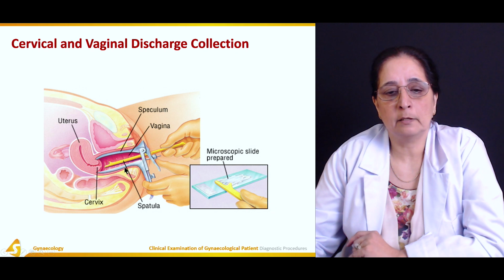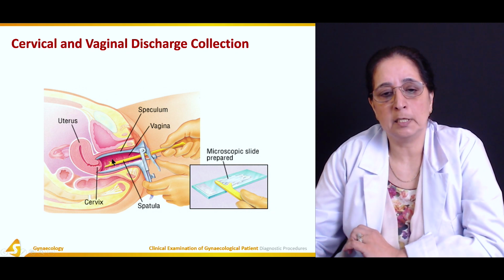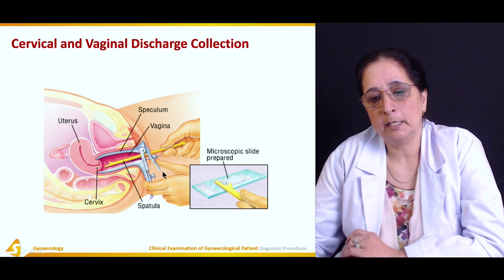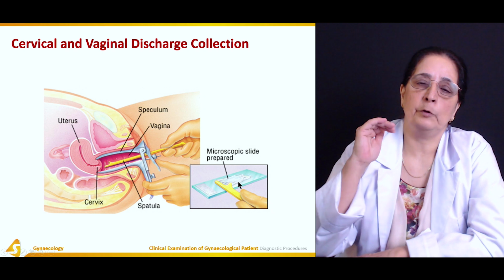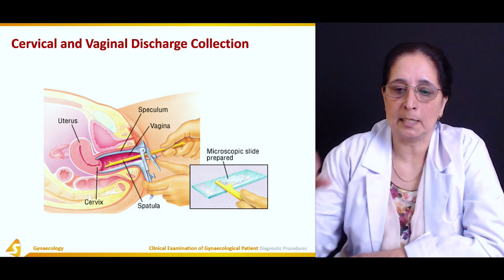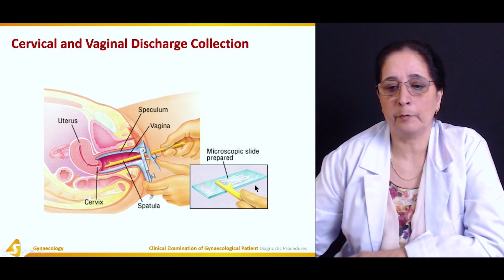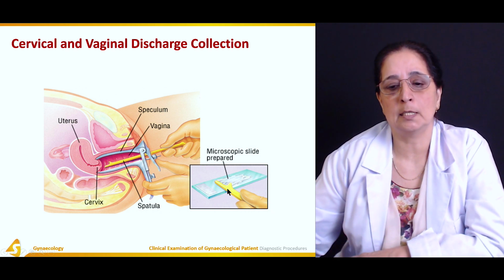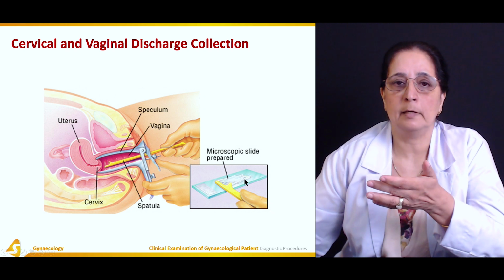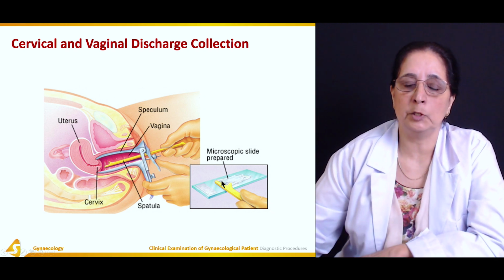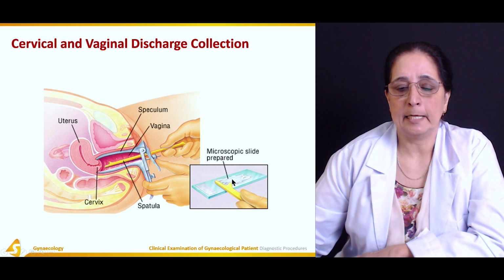When the cervical scraping specimen is removed, we put that specimen from the spatula on the microscopic glass slide, and then we put the fixative spray on the slide. Once the fixative spray is sprayed on the slide, it gets fixed to the slide, and then we can send this slide to the lab for examination.